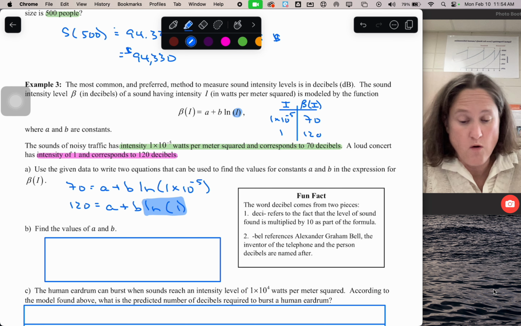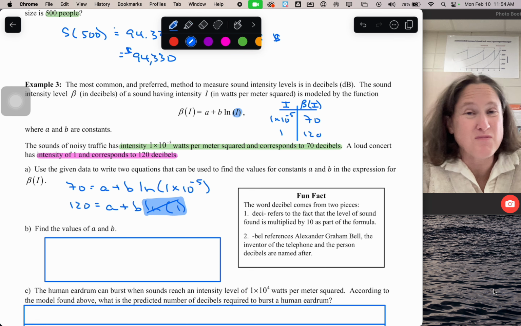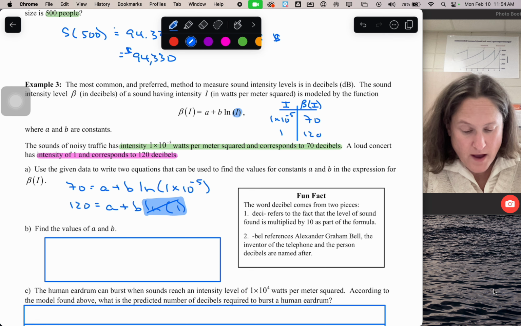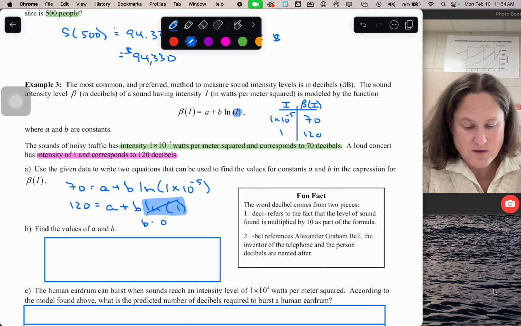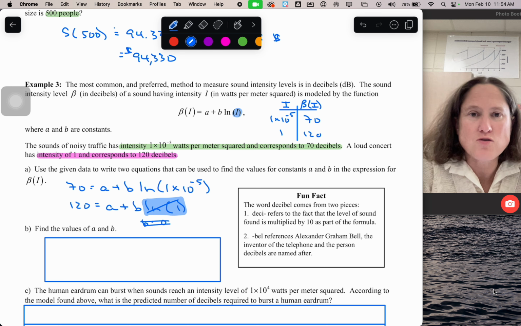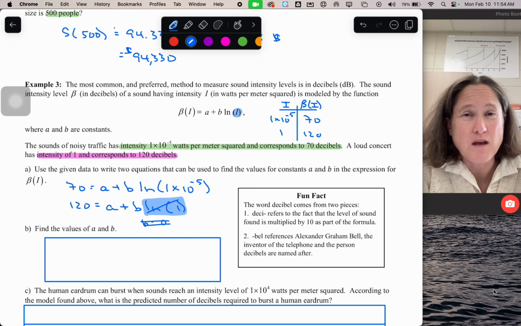We should know at this point that that's 0. I would change that to 0, and anything times 0 is 0. So the natural log of 1 wipes that b out completely, telling me that my a value is 120.